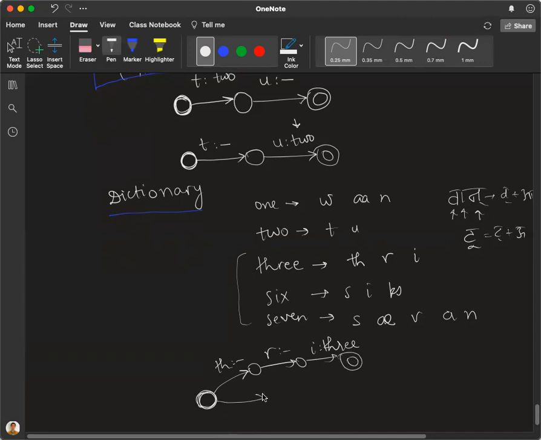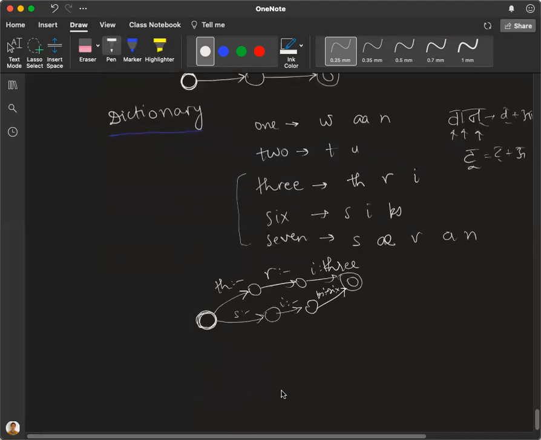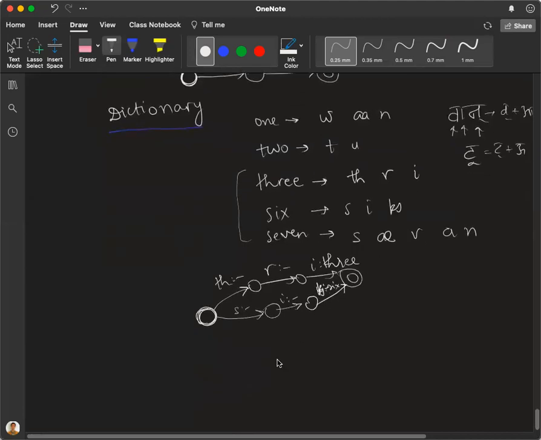Or it could be s, e, and then x, which is 6. And then you have 7.